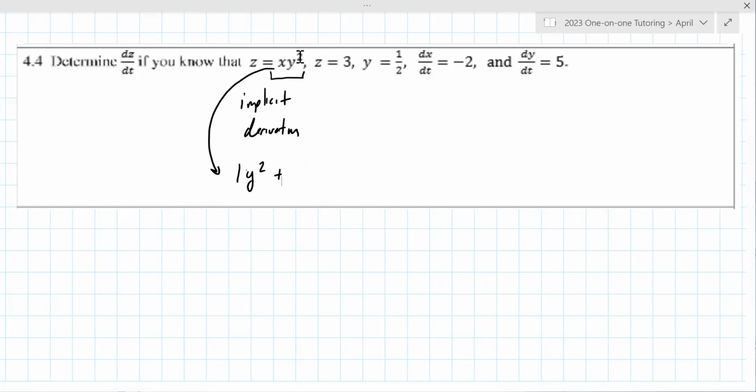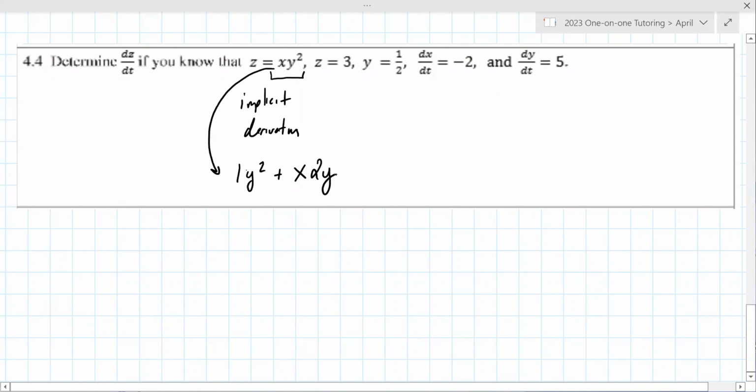Now, because it's product rule, you have to keep the first, x. The derivative of y squared is 2y, but this is where you need your chain rule. So I'm going to back up here. The derivative of x is 1, but then you also have to multiply by dx dt.